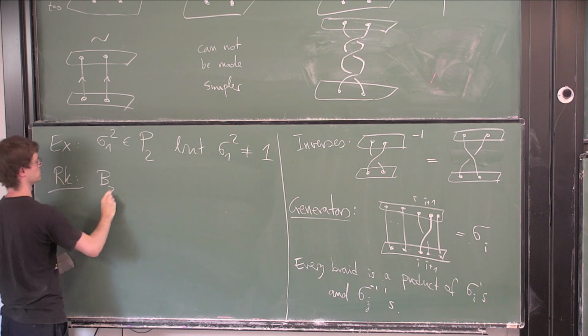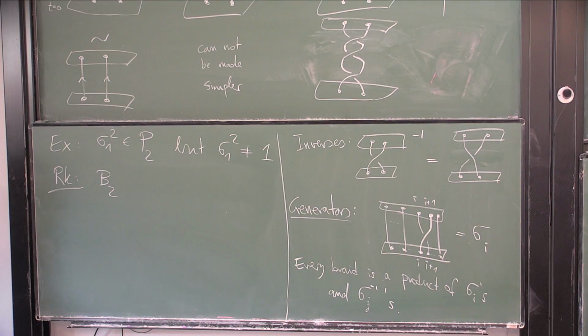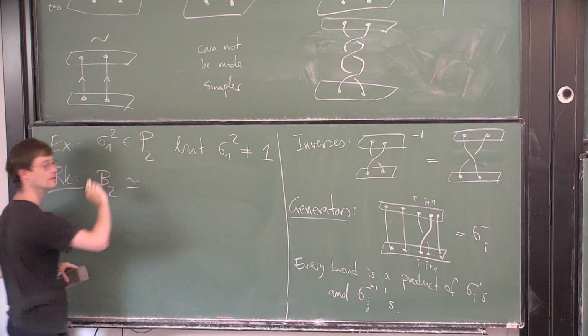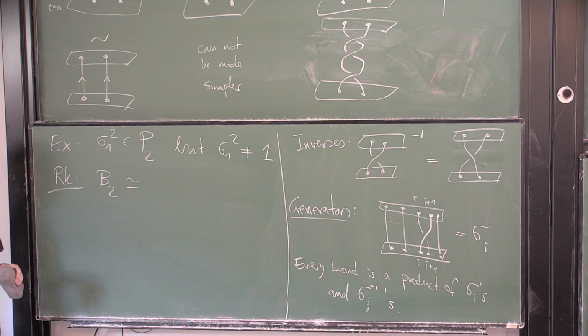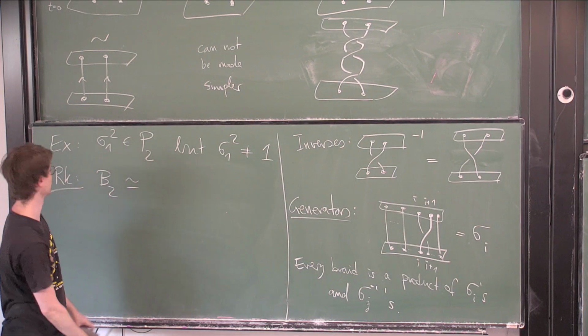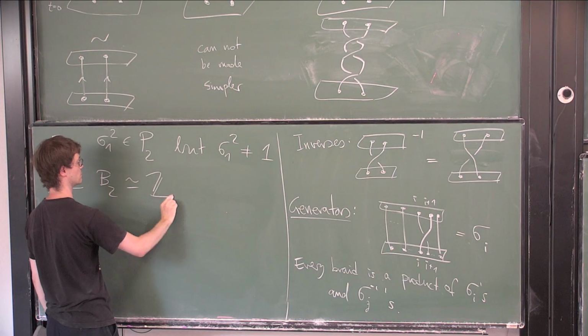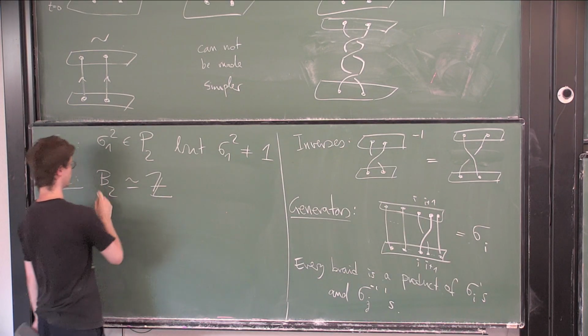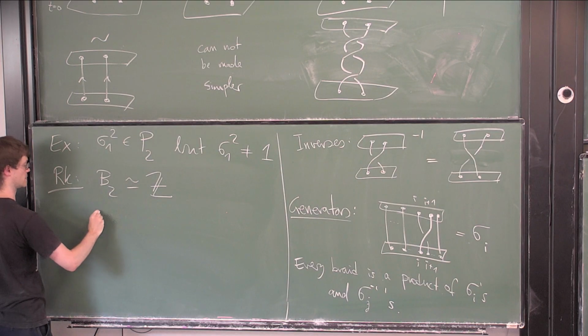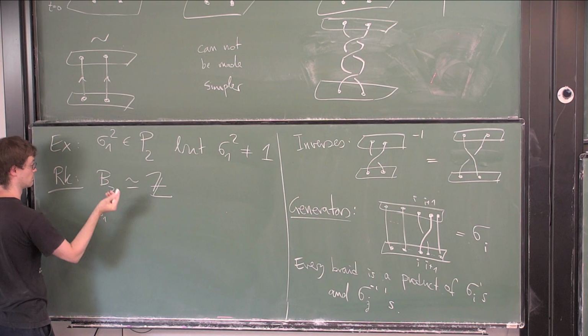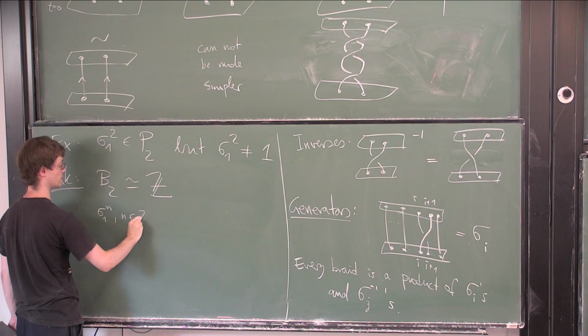What is P2? What is the group? Just two strands. It's isomorphic to a group you know very well. Just one generator, sigma 1, and no relation whatsoever. Just Z. Because the elements here are just sigma 1 to some power, and this power can be positive or negative.